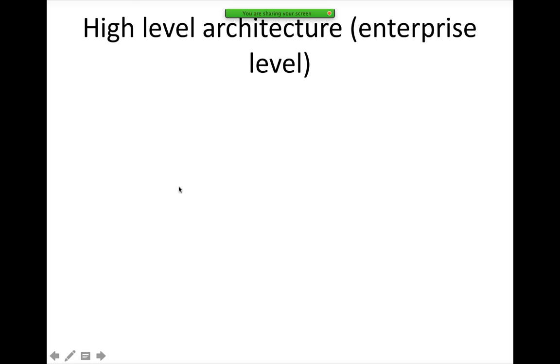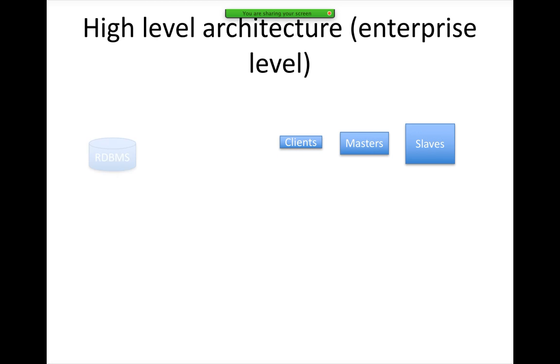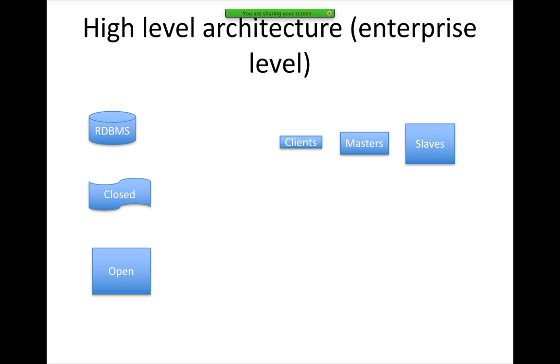Okay, so this will show another view of it. Typically for Hadoop, we will get data from RDBMS, mainframe systems, and open systems. Open systems in the sense that we will get data from external applications also.